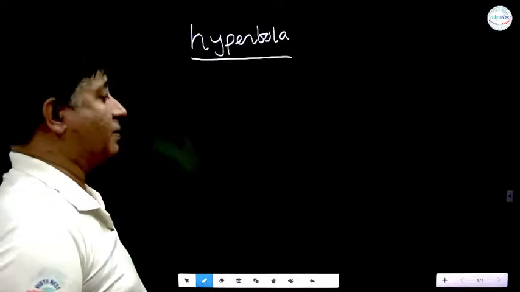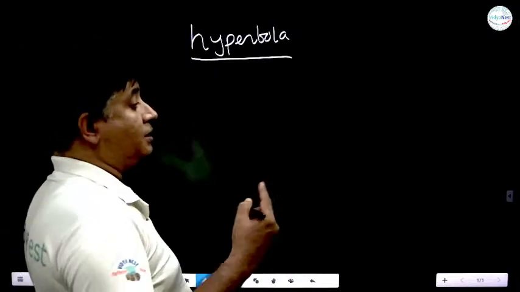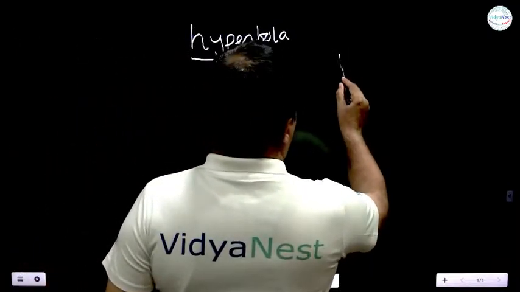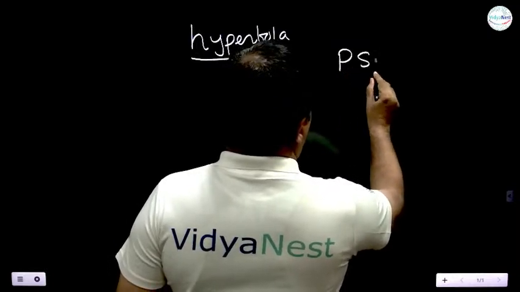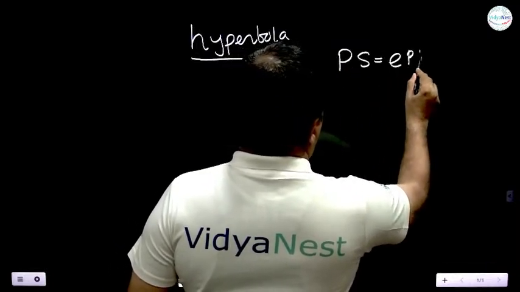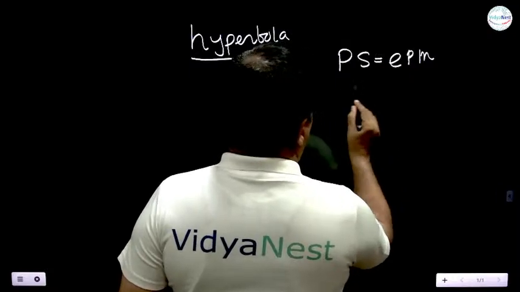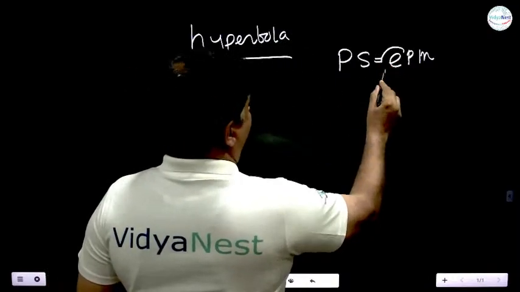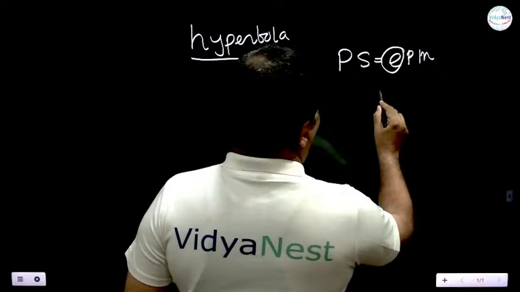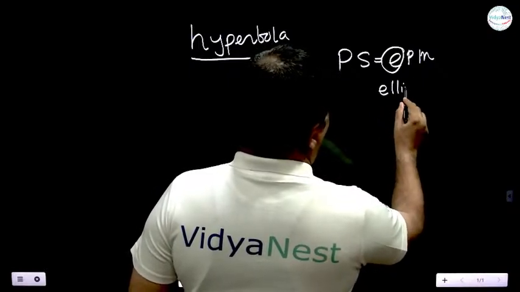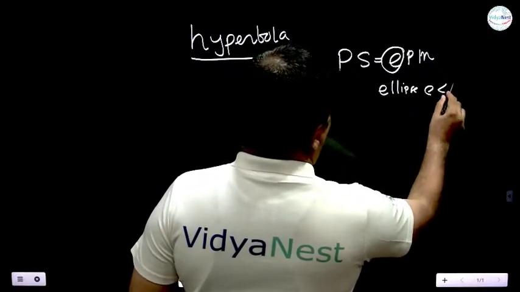Now I am reminding you that the basic of conic sections is PS is equal to EPM. In case of parabola, E will be 1. In case of ellipse, E will be less than 1.